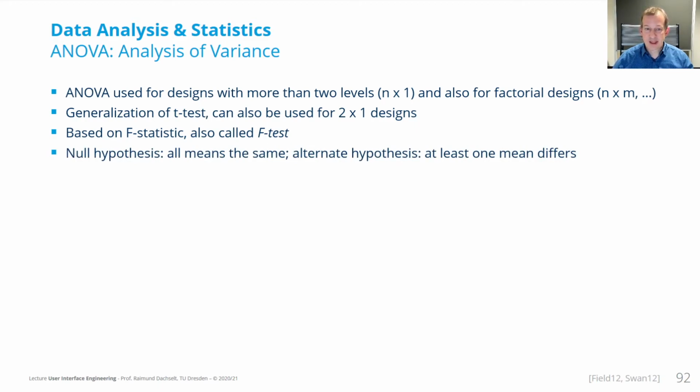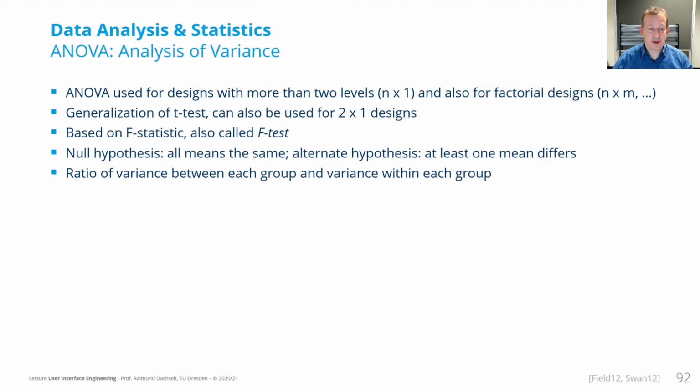The null hypothesis means all means are the same, and the alternate hypothesis says there is at least one mean which differs. And the ratio of the variance between each group and the variance within each group are set into relation.